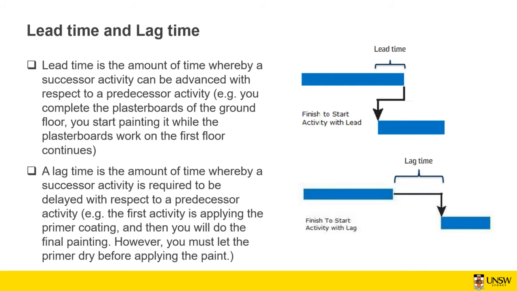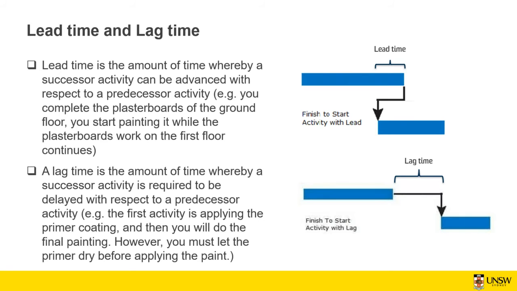Okay, so let's continue. We need to discuss lead time and lag time. So lead time is the amount of time whereby a successor activity can be advanced with respect to the predecessor. So you can see you completed the plasterboard of the ground floor. You can start painting it while the plasterboard work on the first floor continues.